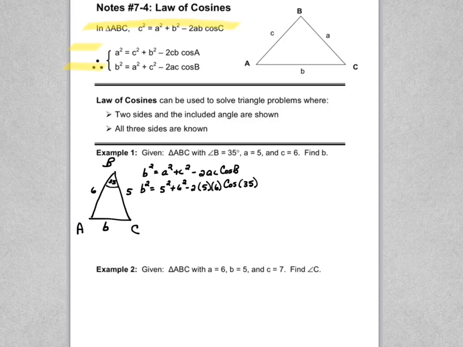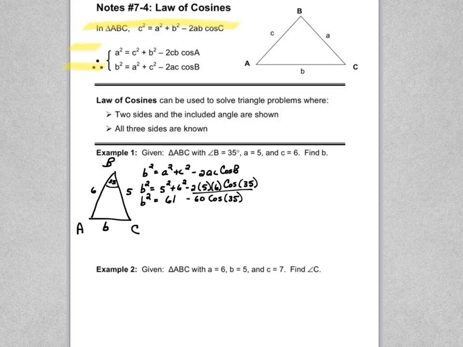Okay. Now, when I multiply all these things together here, 5 times 6 is 30, so that's 60 times the cosine of 35. And that's going to be a number. And 5 squared plus 6 squared, that's 25 plus 36, and that's going to be 61. Okay?